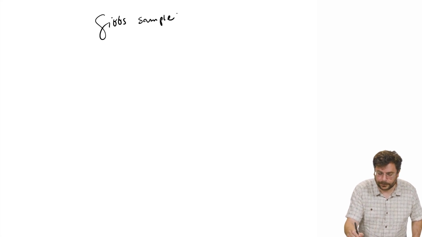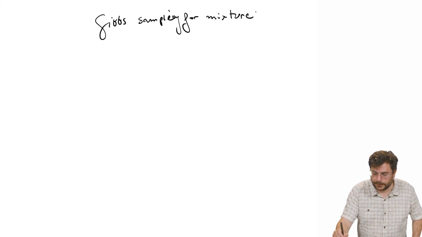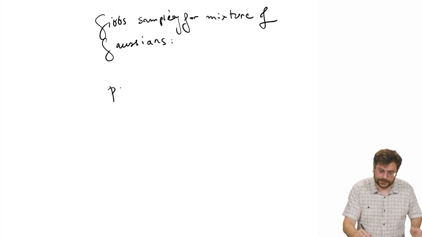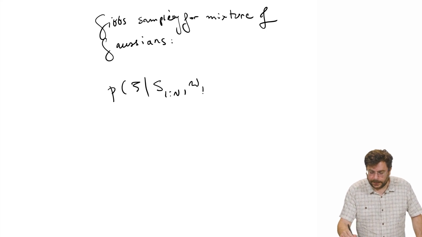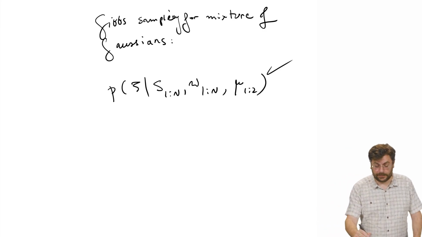So putting it all together, Gibbs sampling for the mixture of Gaussians requires a P of tau, which we already said was gamma, so we know how to sample from that.